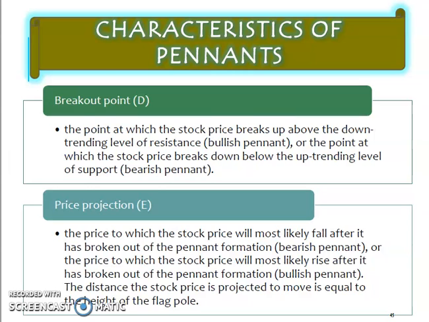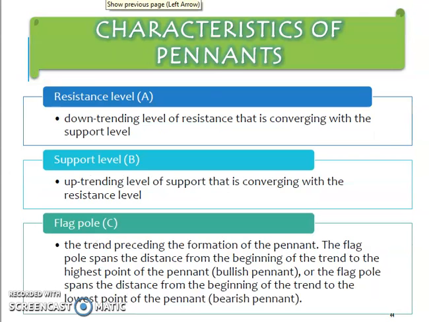Okay, let's look into the characteristics of a pennant. There are 5 important elements we need to monitor, or focus on, in the pennant formation. First is the resistance level, second the support level, third the flagpole. Okay, so the first one is the resistance level. The resistance level is a level that the price tries to break.